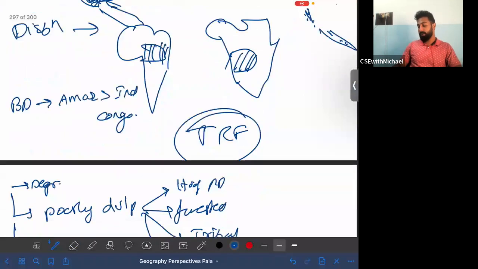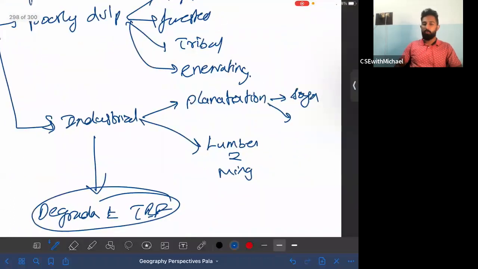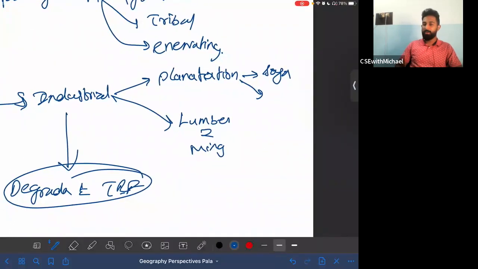As far as environmental degradation is concerned, almost most of the Indonesian forests have been cleared and converted into palm oil. Palm fields are also another thing. Palm and soya are two plantation crops which are replacing the native, natural forest there.